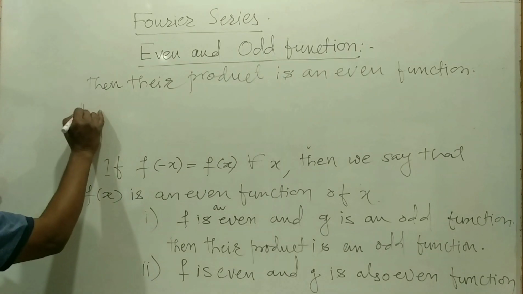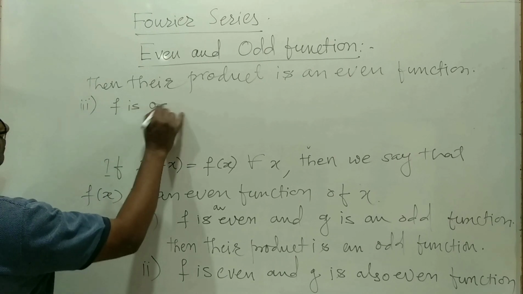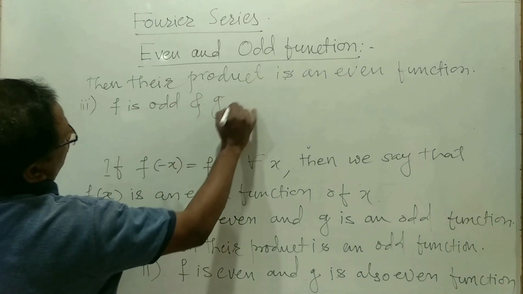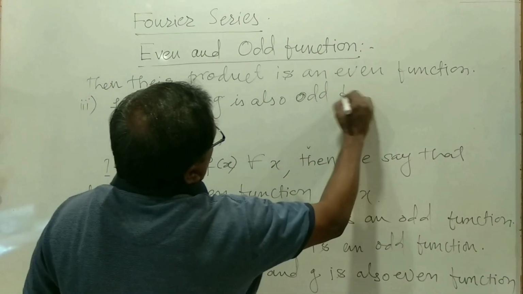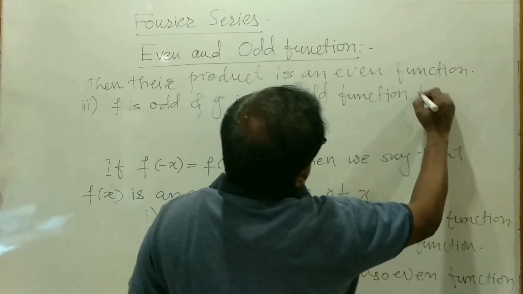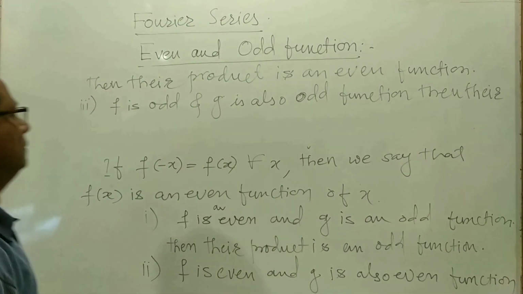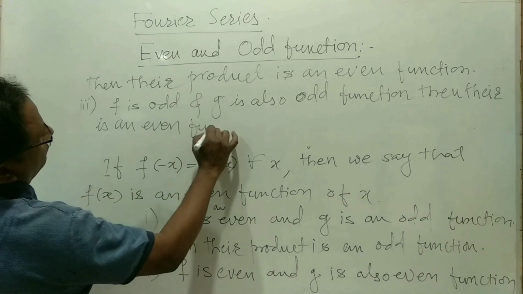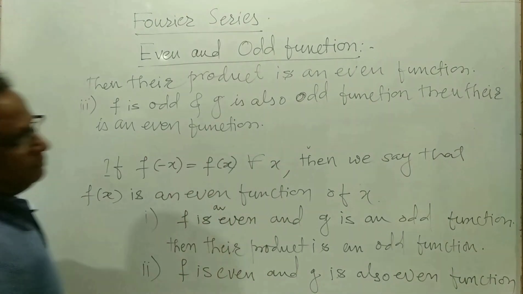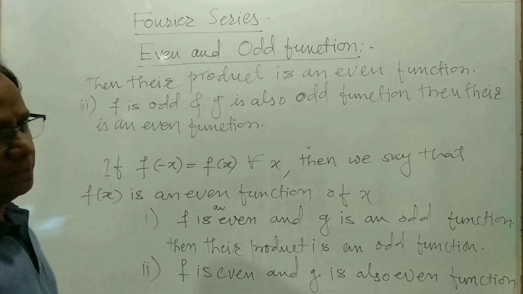And lastly, if f is odd and g is also odd function, then their product is an even function. Means the product of two odd functions is an even function.